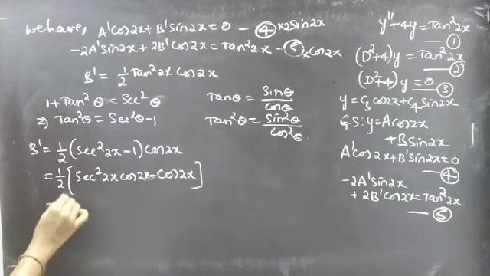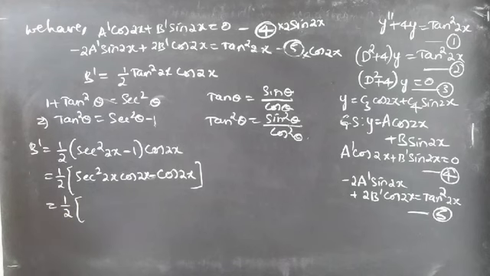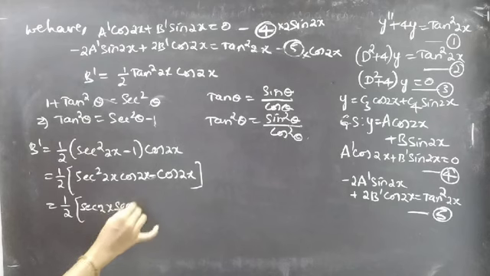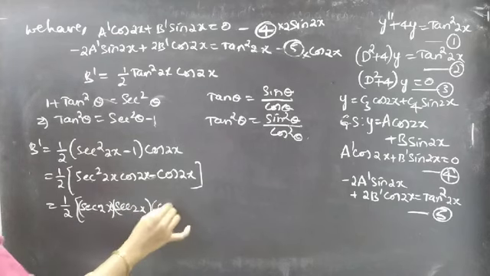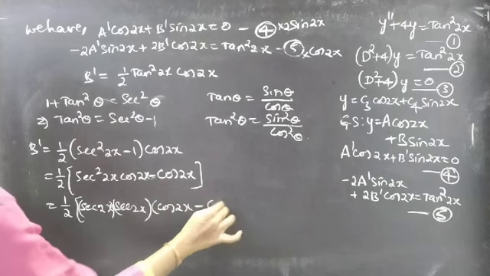Now we can write secant square 2x as secant 2x into secant 2x into cos 2x minus cos 2x.